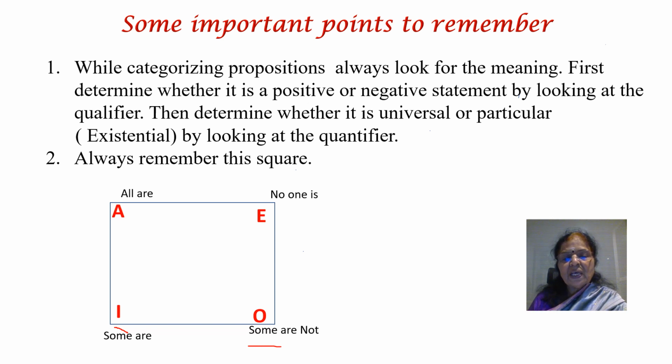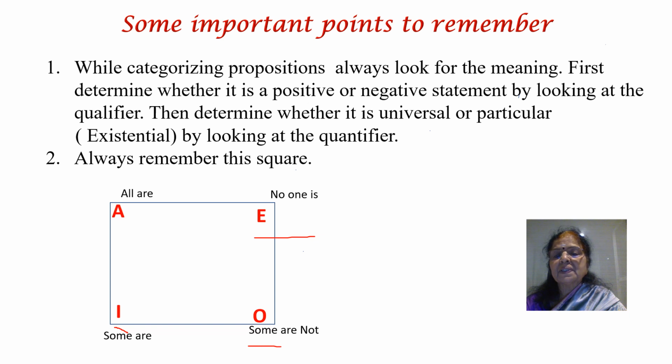In the same way, in the universal negative E type also, you know the quantifier: no student, none, nothing, never, no one is. All these denote universal negative. Sometimes, suppose this statement: no one except Magesh can do this. Is it a positive or a negative statement?